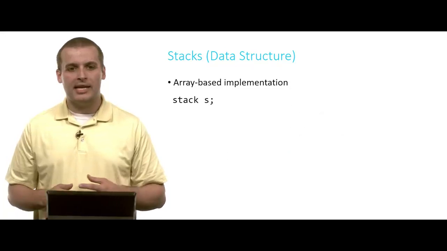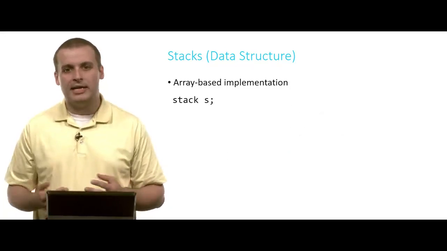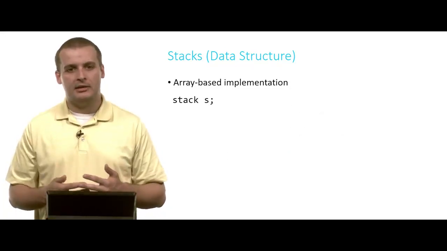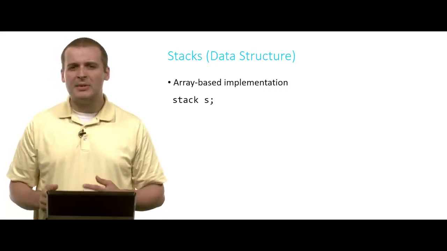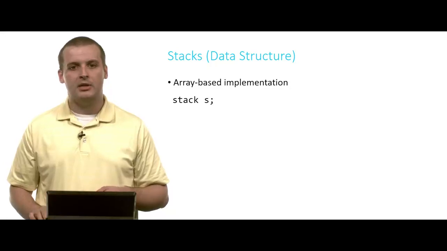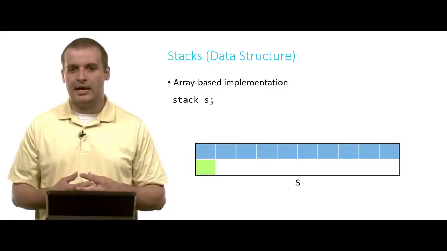And once we've created this new data type, we can treat it like any other data type. We can declare stack s, just like we could do int x or char y. And when we say stack s, what happens is we get a set of memory set aside for us.